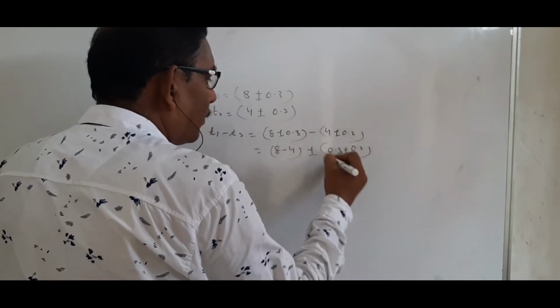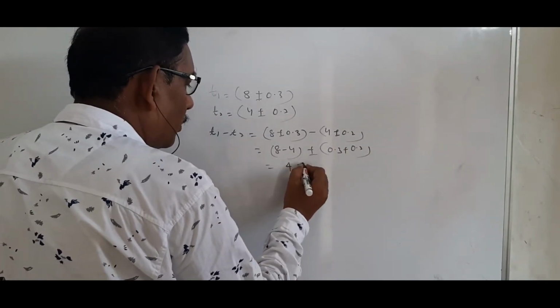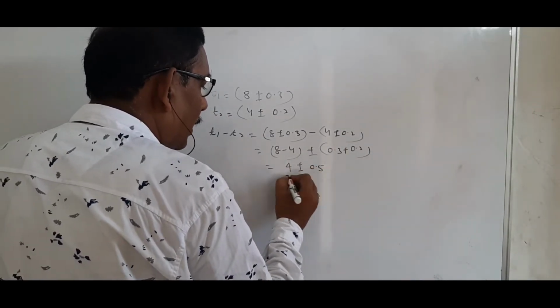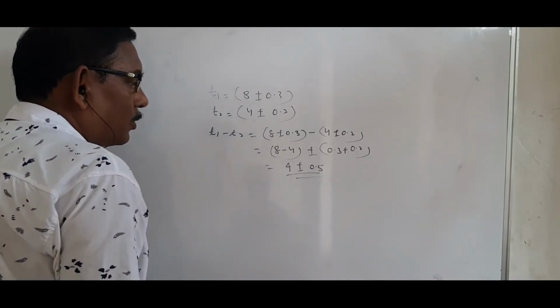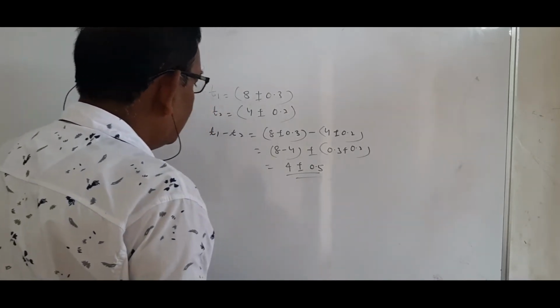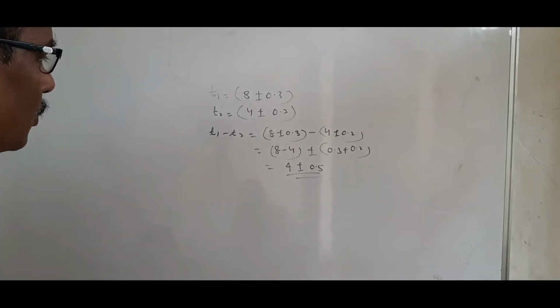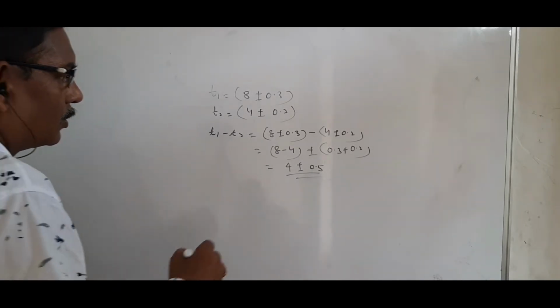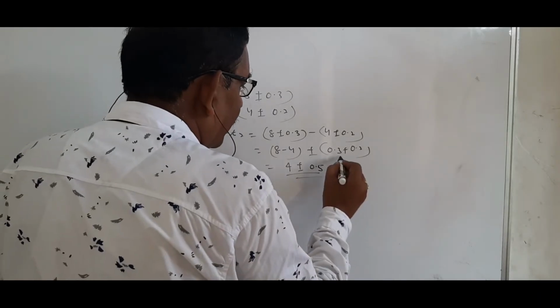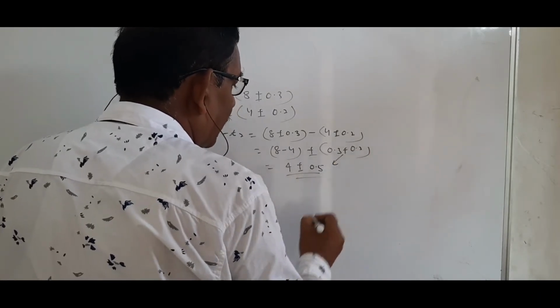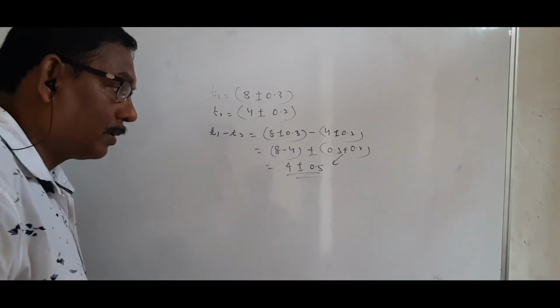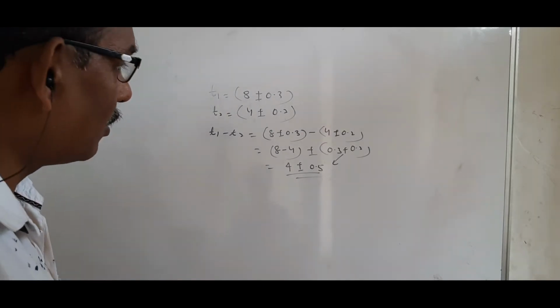It is the maximum possible error. It is 4 plus minus 0.5. So in this way, calculate the difference between the two measured values. Mark here: you always take the positive sign to obtain the maximum possible error. Otherwise, your answer is wrong.